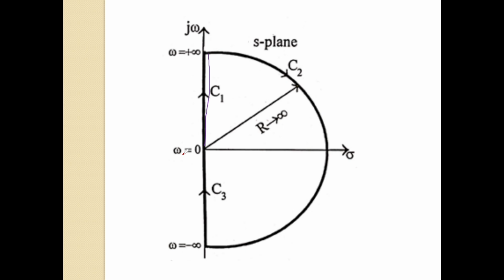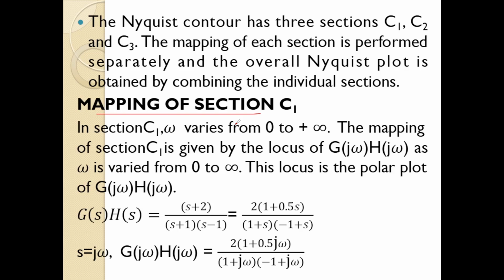So it is varying from omega equal to 0 to omega equal to plus infinity. The mapping of this C1 is given by the sinusoidal open loop transfer function G(jω)H(jω) as omega is varying from 0 to plus infinity.